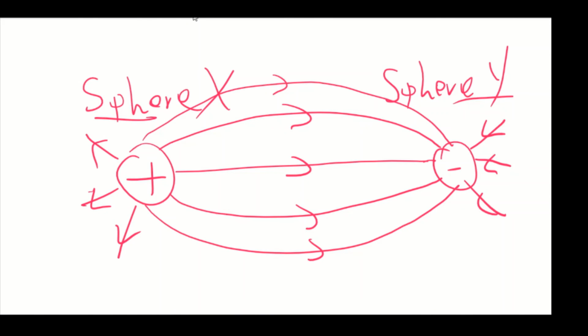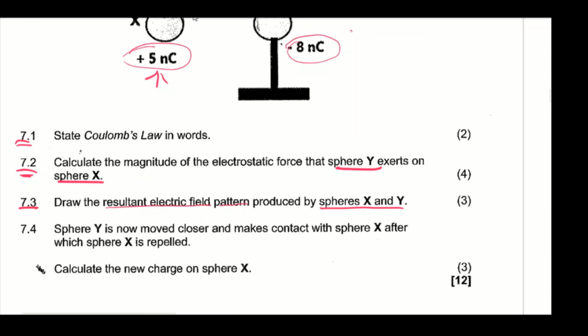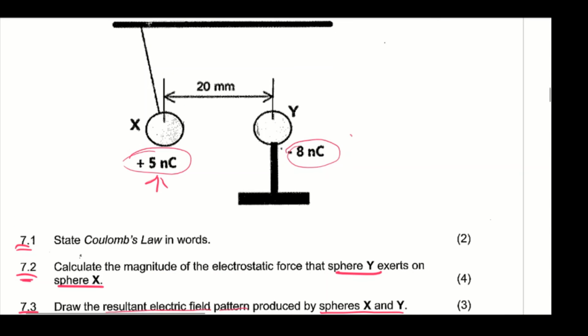Now 7.4 states that sphere Y is now moved closer and makes contact with sphere X, after which sphere X is repelled. So calculate the new charge on sphere X. What's happening here is sphere Y is brought closer to sphere X, and when they touch, they now have the same charges, right?